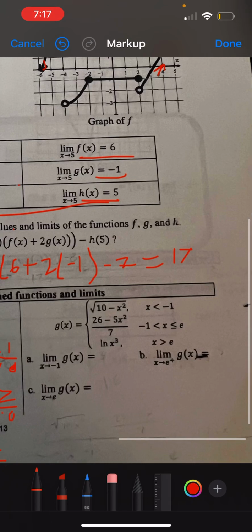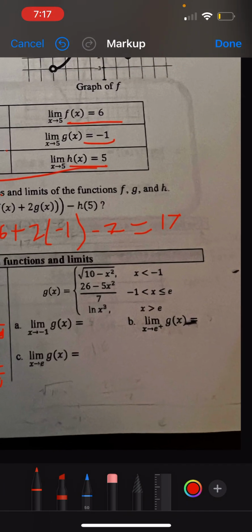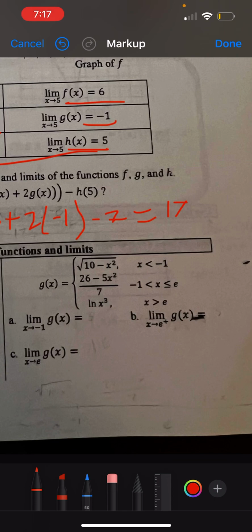So then let's go to this one. This one we have a number line again, and then we have two values this time. So this one will start at negative 1. This one we start at E, and then less than. So this one is 10 minus x squared. And then this one in the middle is 26 minus 5x squared over 7.